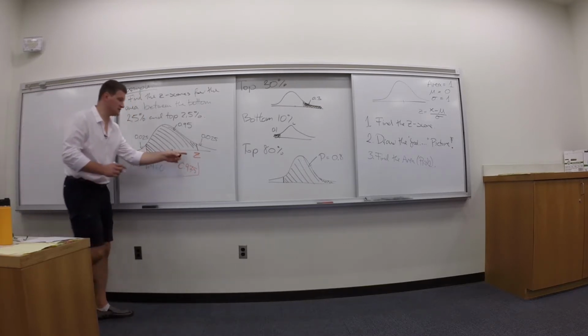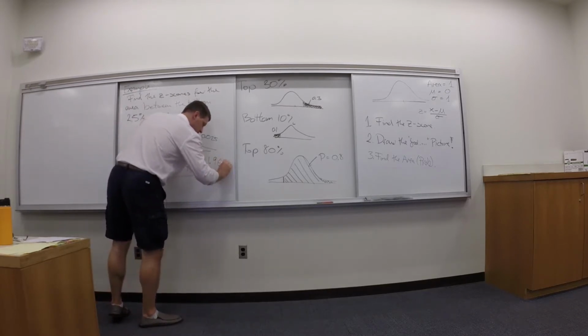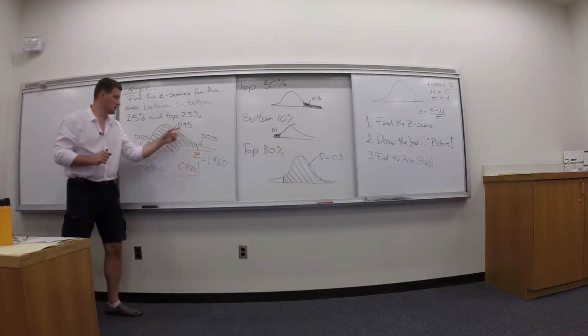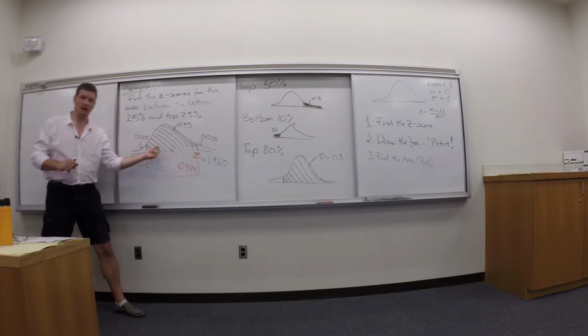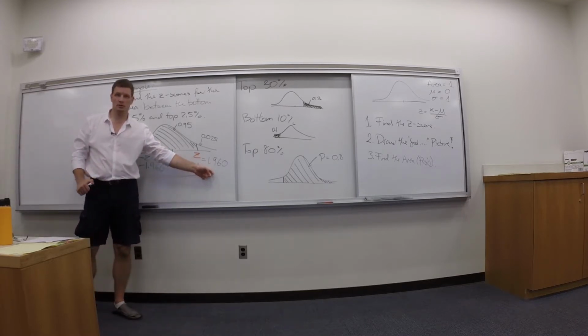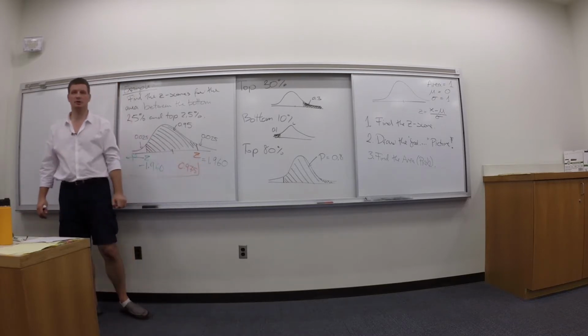Which means that the z-score here should be 1.96 as well. So there are two ways to do it. One is we add those two things up to get the probability and we find the z-score. The other way is to realize that this and this are symmetric.